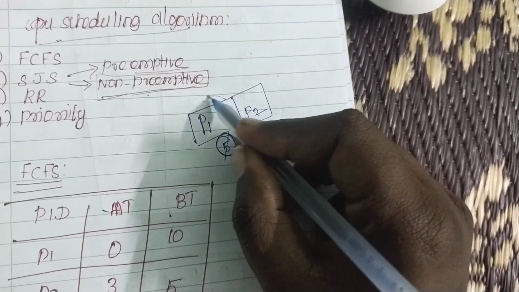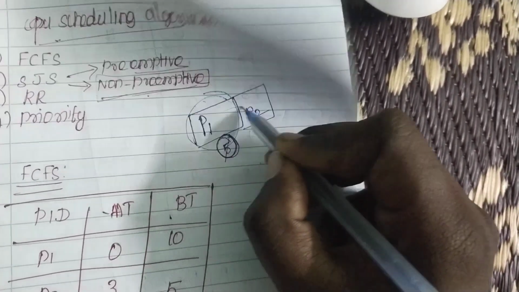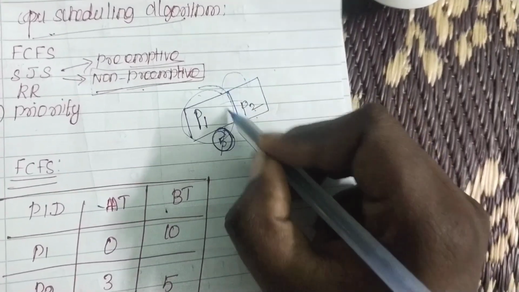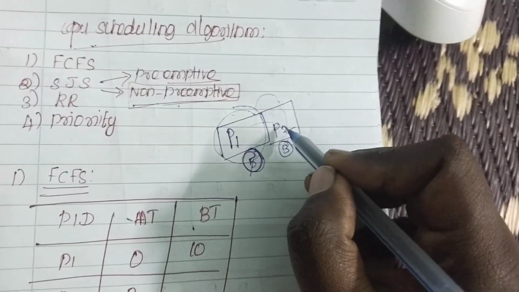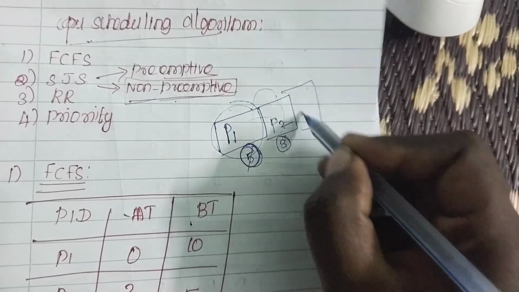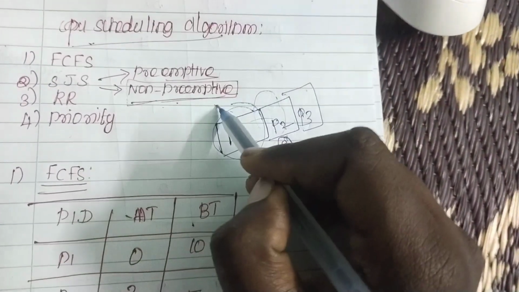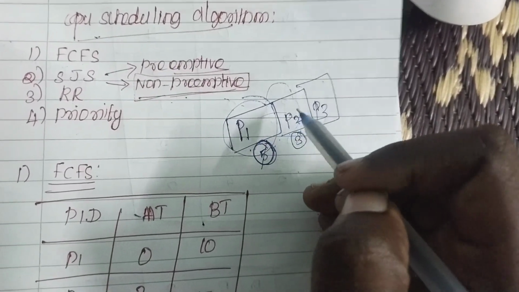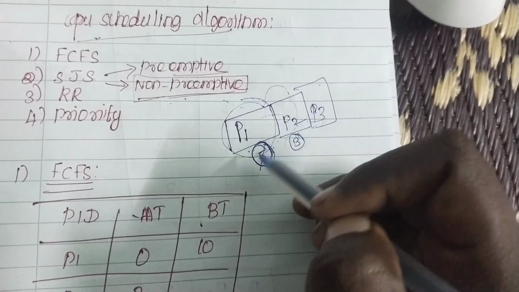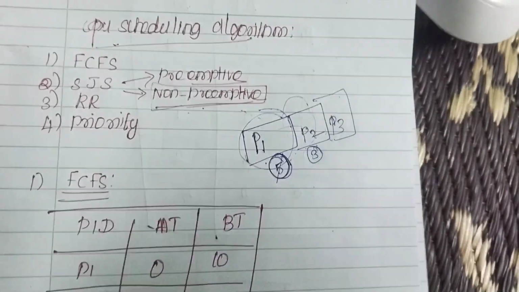Once the process completes its burst time, only then will we move to the next process. For example, P2 needs to execute 3 milliseconds, so only when the 3 milliseconds are completed will we go to P3. This is non-preemptive. Non-preemptive means I can't switch away from a process which is not completed.